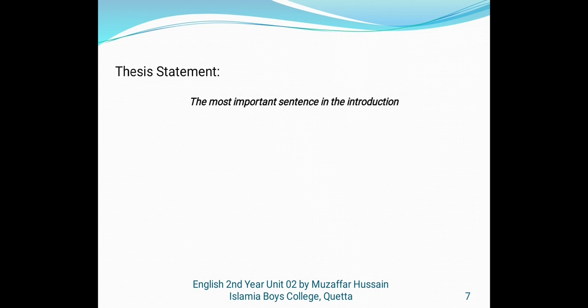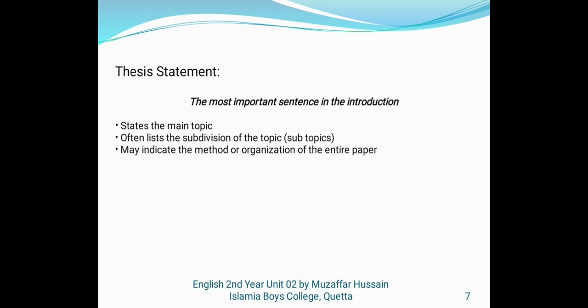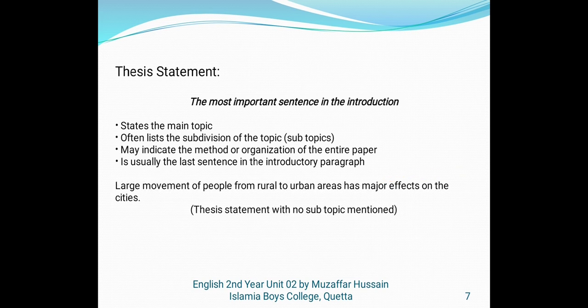So it is very important. What does this statement do? It states the main topic, often lists the subdivisions of the topic, and may indicate the method of organization of the entire paper. It usually is the last sentence in the introductory paragraph.